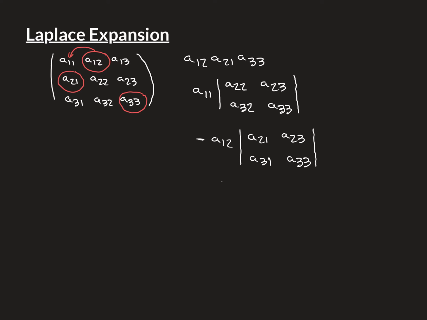Then you go on to the final entry of row 1, which is A13, and this one's going to have a plus sign again in front of it. So you get rid of its row and its column, and then you times it by the determinant of its reduced matrix, which is A21, A22, A31, A32.